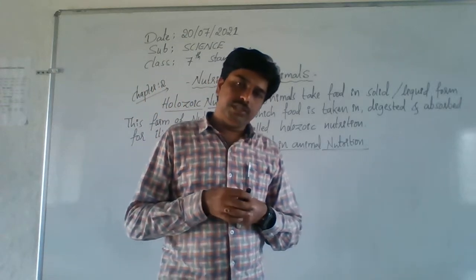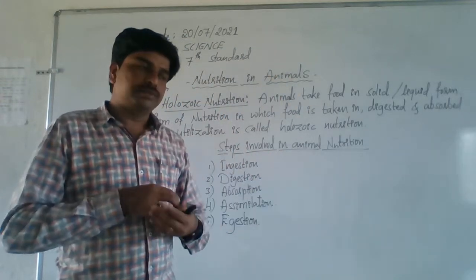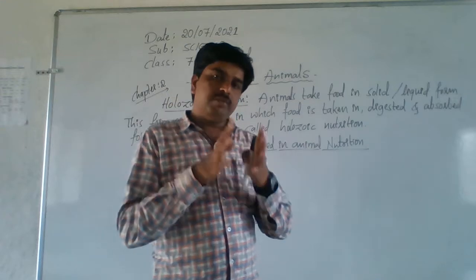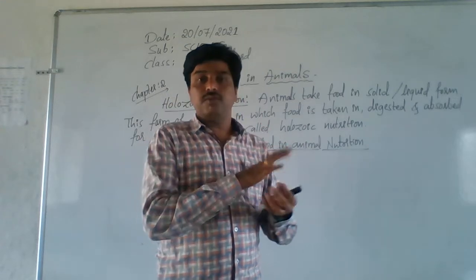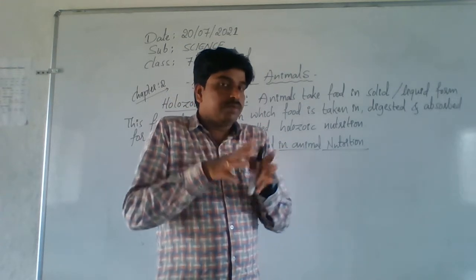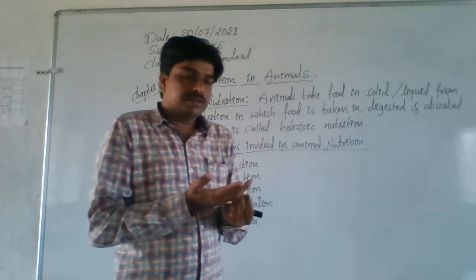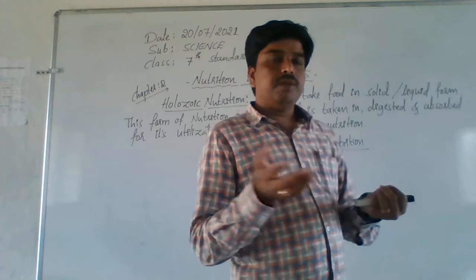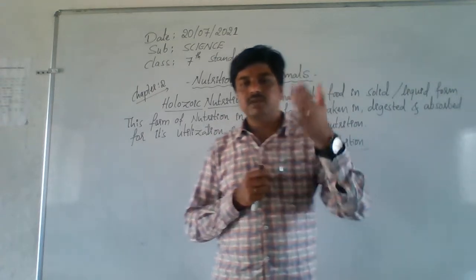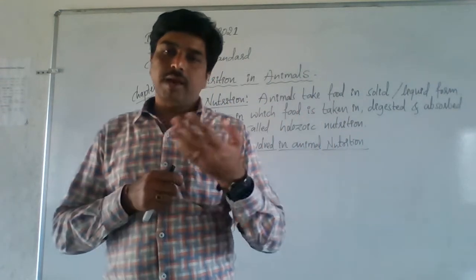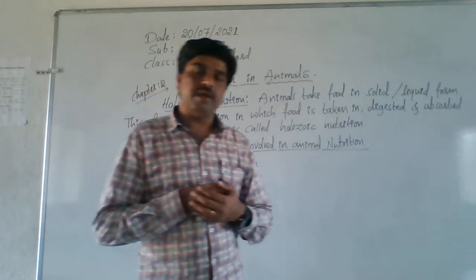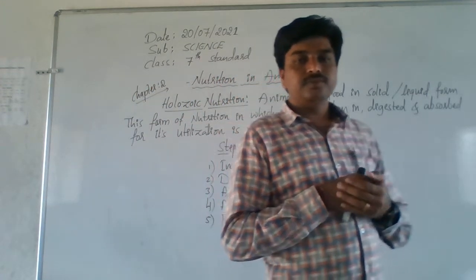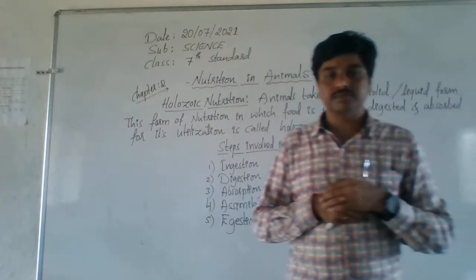Only green plants show autotrophic nutrition; they can prepare their own food. But in other cases, plants show other kinds of nutrition. Depending upon the nutrition method, plants are classified as parasitic plants, saprophytic plants, insectivorous plants, and symbiotic plants.